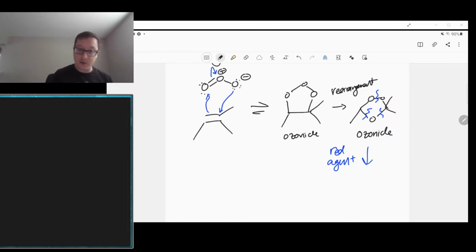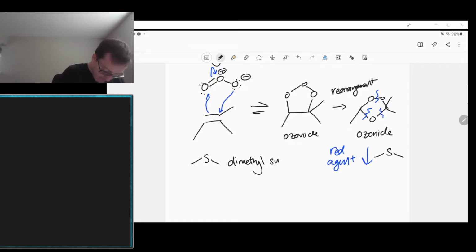There are other ones you can use. You can use other reducing agents like zinc, but this is the most common one. This thing, by the way, I'll write it out. This is dimethyl sulfide. This is a reducing agent.